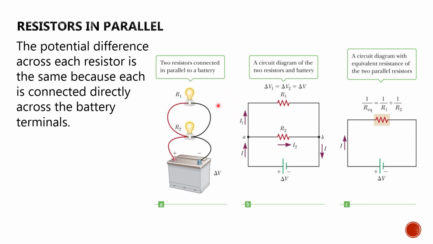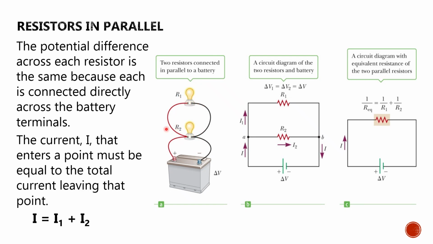The potential difference across each resistor is the same because each is connected directly across the battery terminals. So if the source here is, let's say, 10 volts, the potential difference here is also 10 volts and also here 10 volts.